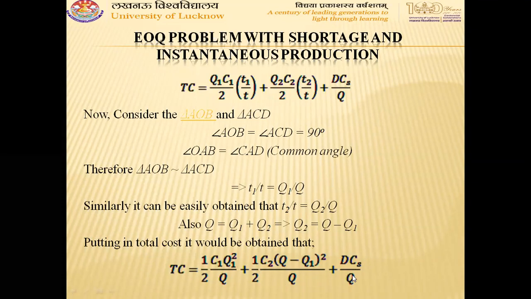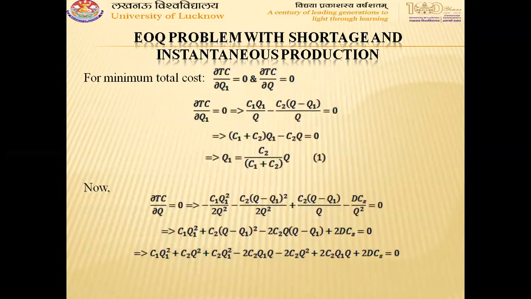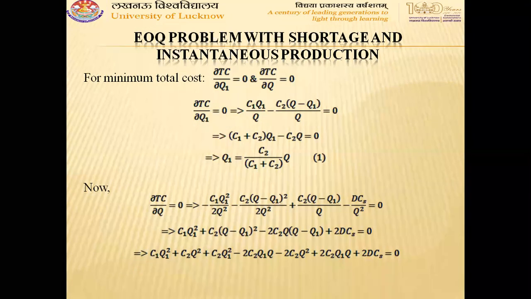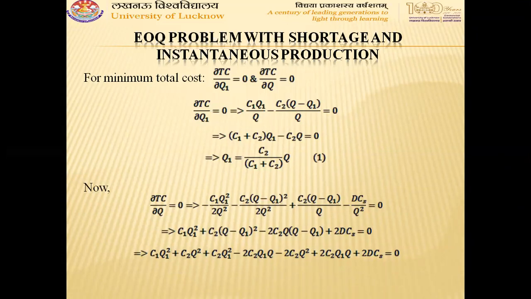And the third term will become minus DCS upon Q square. That is, del TC upon del Q equals to 0 implies minus C1 Q1 square upon 2Q minus C2 Q minus Q1 whole square upon 2Q square plus C2 Q minus Q1 upon Q minus DCS upon Q square.